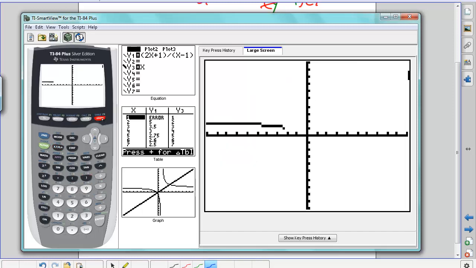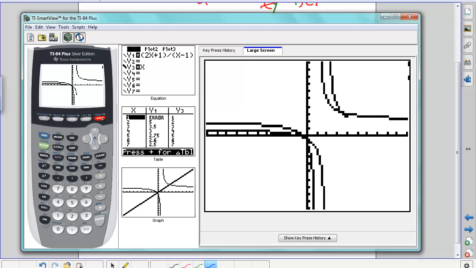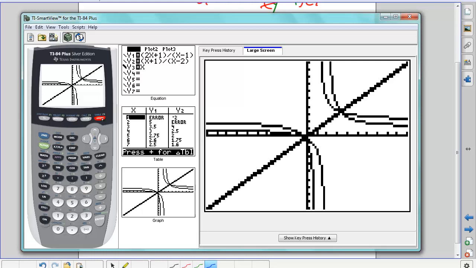And we should see some symmetry here. There's the original and the inverse. And yeah, it looks like we do have the symmetry over that line y equals x. So that checks out. We know that we did well there.